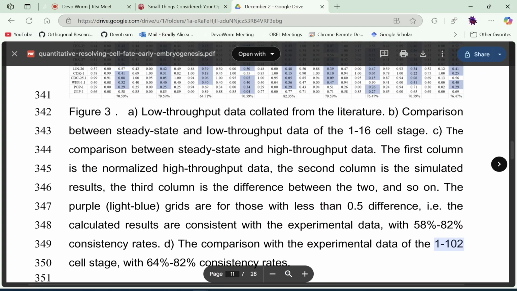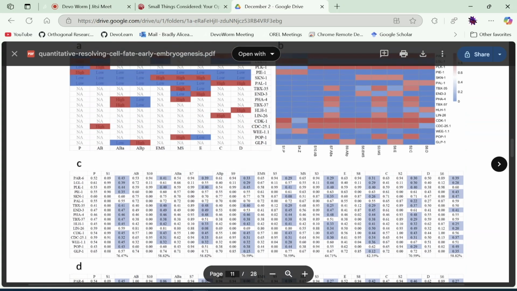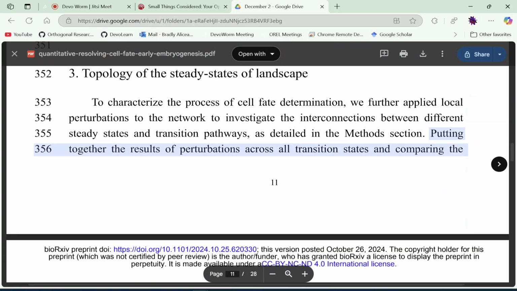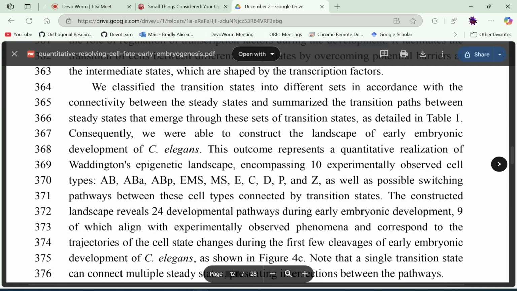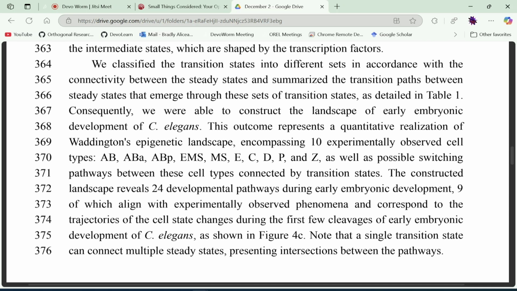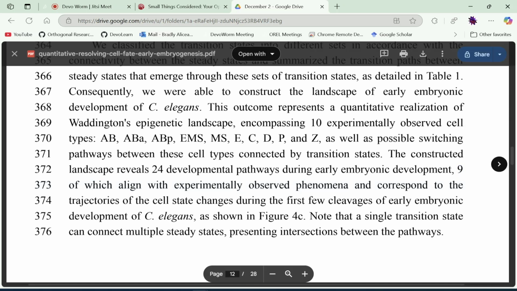They also have this low throughput data here. It gives similar results to what they did in the first figure. And then they talk about how that maps to an epigenetic landscape. This is a quantitative realization of Waddington's epigenetic landscape, going through 10 different cell types.